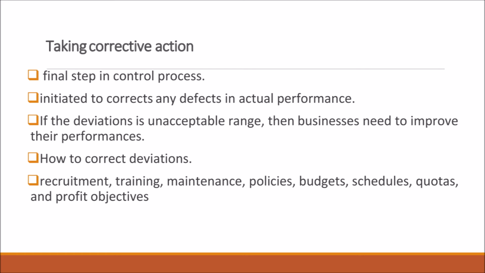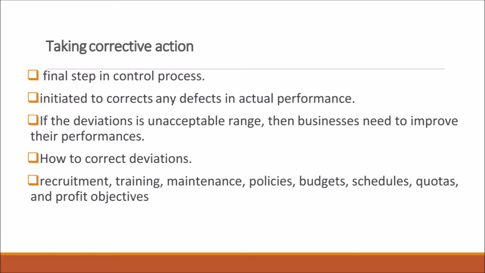The question is, how do you correct this deviation? It can be done through recruitment, it can be done through training, it can be done through maintenance, it can be done through policies. You look at your budgets, you look at your schedules, and then you can even look at your profit objectives. Maybe you set them up too high. You can also look at the sales quotas that have been given to your workers.